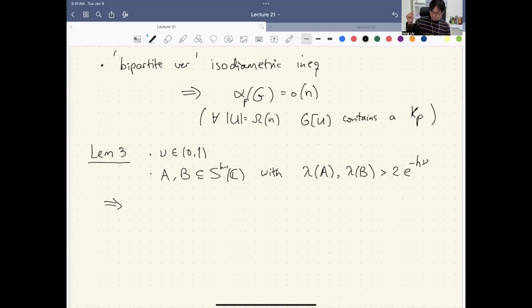we can find, roughly, if you take any two subsets of the complex sphere with positive measure, then you can find two points, one from each set, that are almost antipodal from each other. So there exist a in A, b in B such that they are almost antipodal.